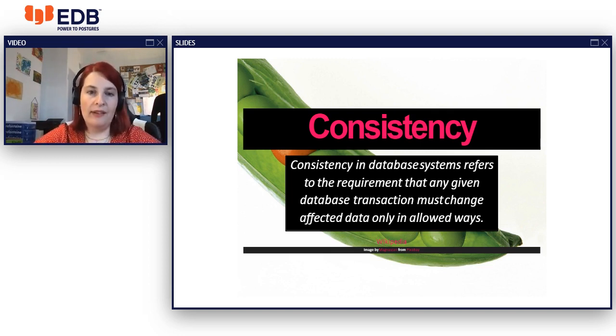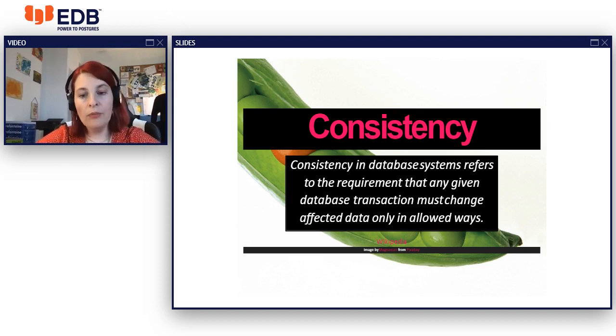Wikipedia explains it in this way. Consistency in database systems refers to the requirement that any given database transaction must change affected data only in allowed ways. And the allowed ways are all the constraints you can put in a database system to be sure your data are meaningful.